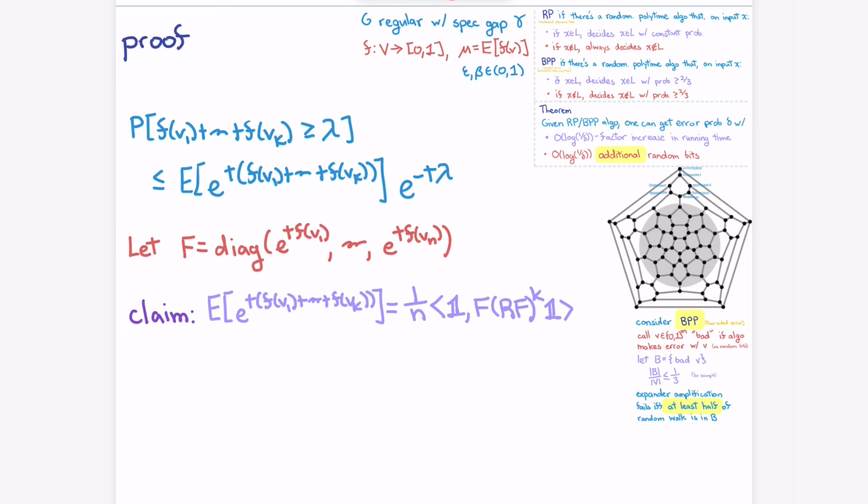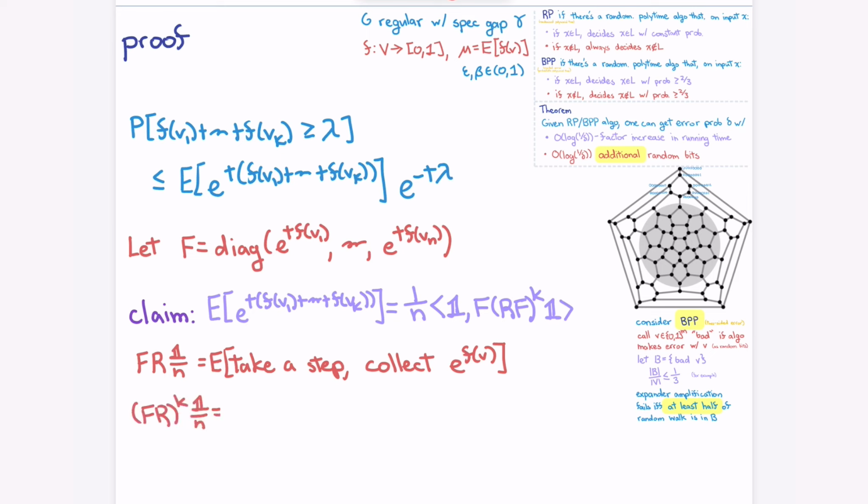Okay. So, is that what I wrote out here? Yeah, okay. So FR is take a random step, collect coins, in expectation. So if you do the K, you take K random steps, multiply it all together.